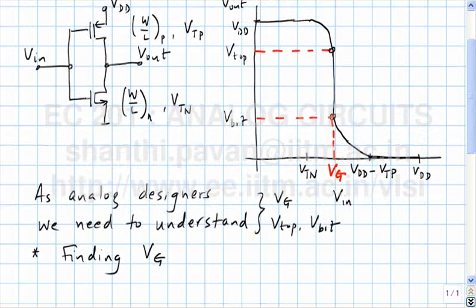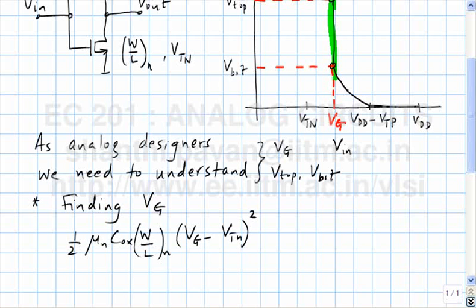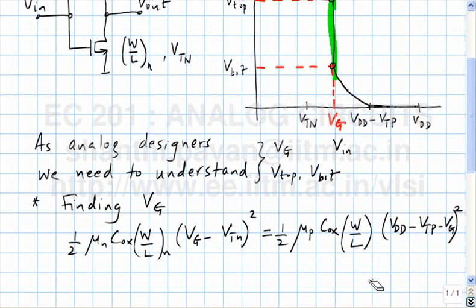We know that in this region both the transistors are in saturation and both their drain currents are identical. So 1/2 mu n Cox W by L of the NMOS transistor times (VG minus VTN) whole squared equals 1/2 mu p Cox W by L of the PMOS transistor times (VDD minus VTP minus VG) whole squared.